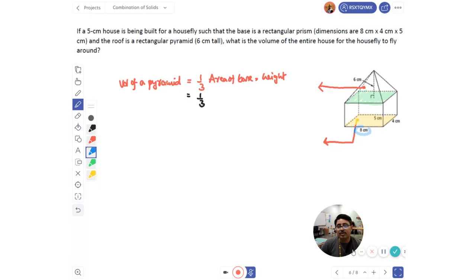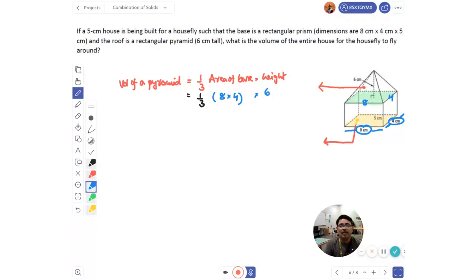So here, length is given as 8 centimeters and width is given as 4 centimeters. Obviously, the opposite sides are equal, so they are also 8 and 4. So the base is in the shape of a rectangle, and area is length times width. Therefore, let me take 8 times 4 times height. What is the height of this pyramid? You see that that is 6 units.